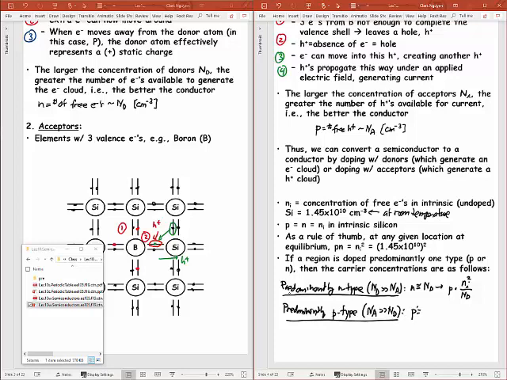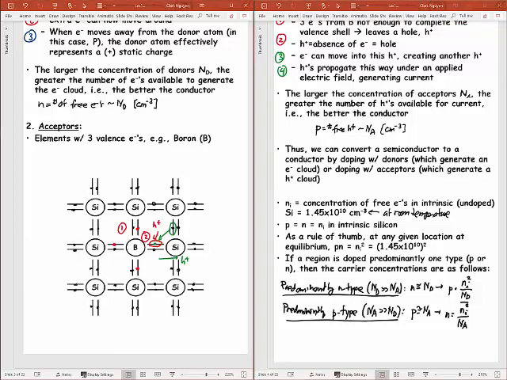Then I could say my P concentration is about equal to N sub A, and my N concentration is going to be N sub I squared divided by N sub A. So if I know my N concentration at any location, I know my P concentration too, is what that's basically saying.